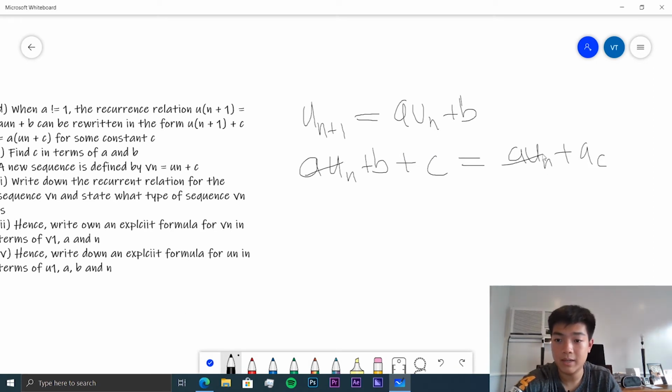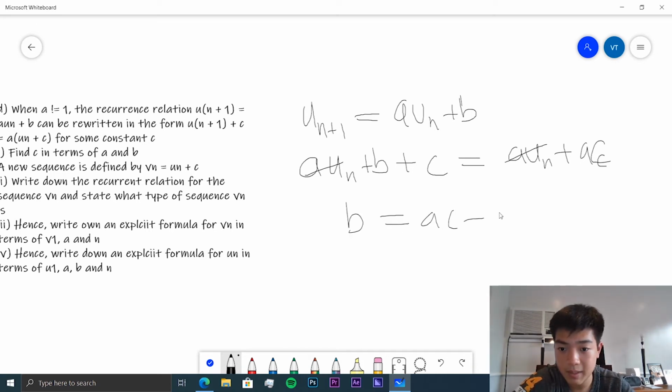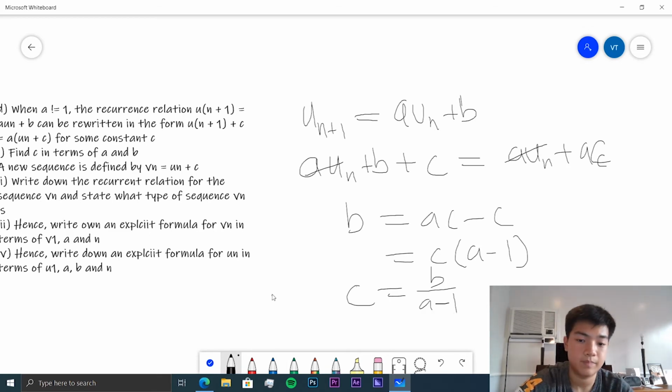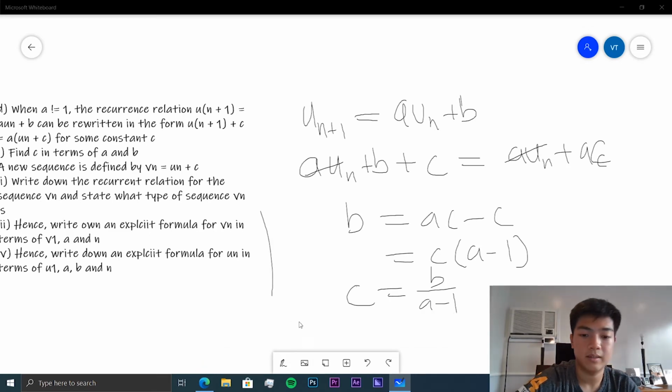So we can cancel those out. So we have b is equal to ac minus c, which is equal to c times a minus 1. So c is equal to b over a minus 1.